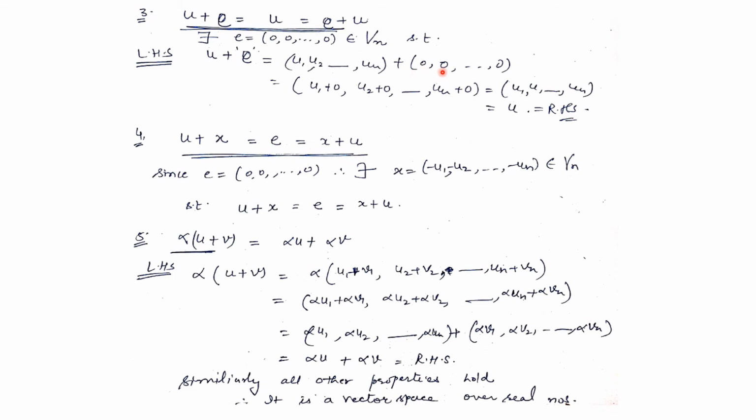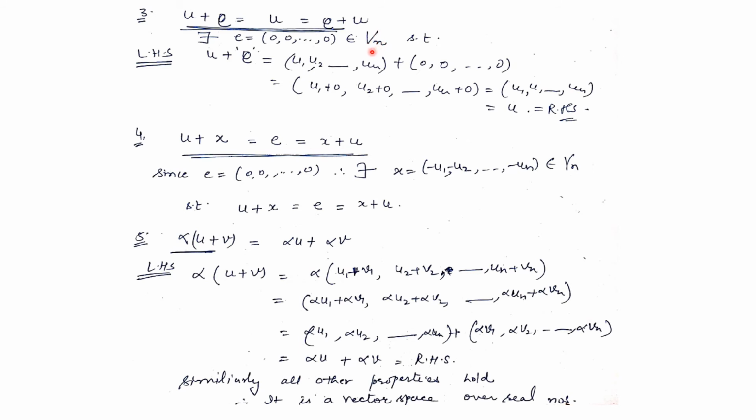So we have 0, 0 till up to 0, n times. And clearly this is a member of Vn because all these are real numbers. What is our Vn set? It is a set of n order tuples where each entry is a real number. So we know that 0, 0, 0, these are all real numbers, so this is a member of Vn. So it means identity exists in Vn.